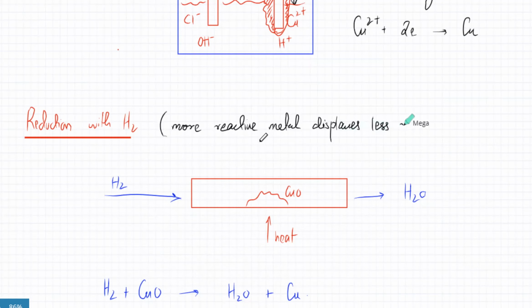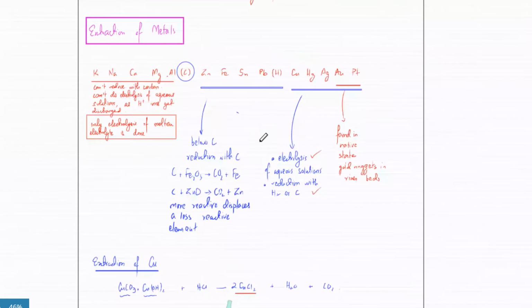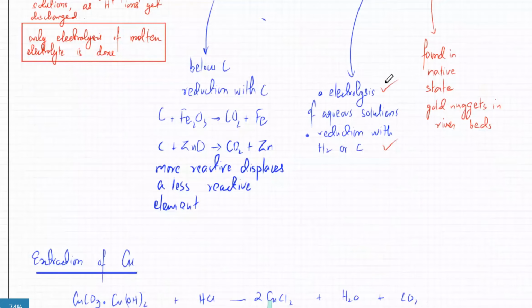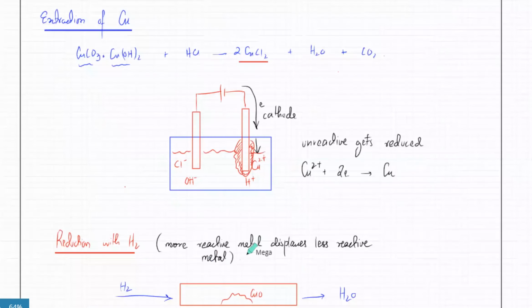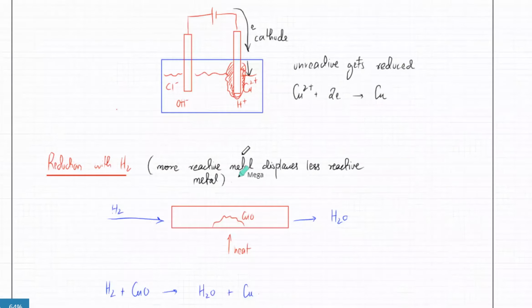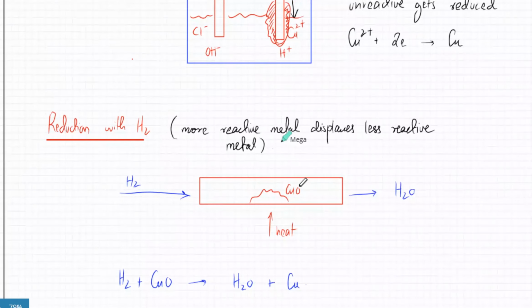So in this case, hydrogen is more reactive than copper. If copper is forming compounds, you can react it with hydrogen, and hydrogen will steal all the oxygen. It will reduce it. Okay, loss of oxygen means reduction. Hydrogen is going to take away the oxygen and water is going to be formed. And that was reduction with hydrogen.